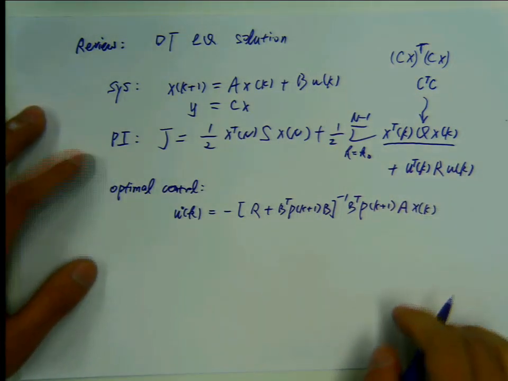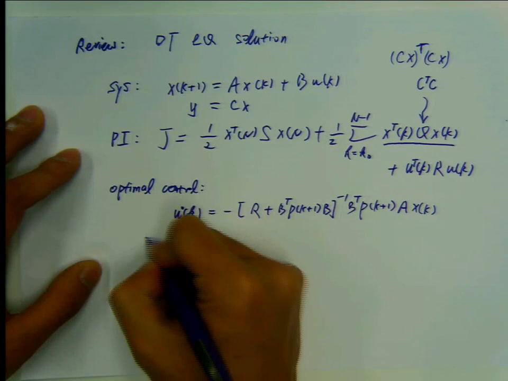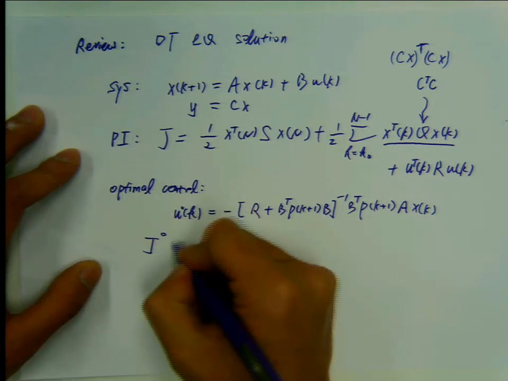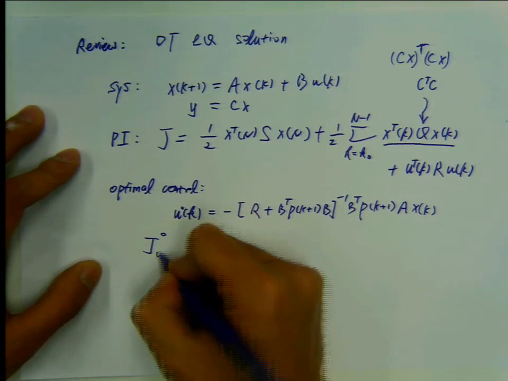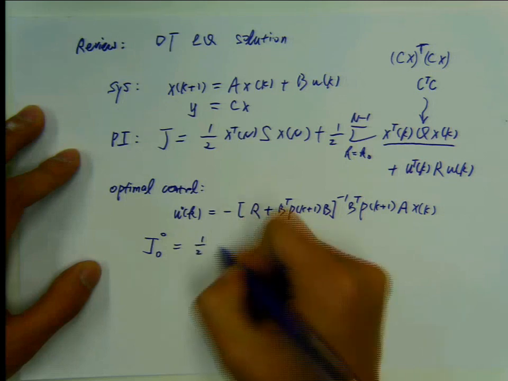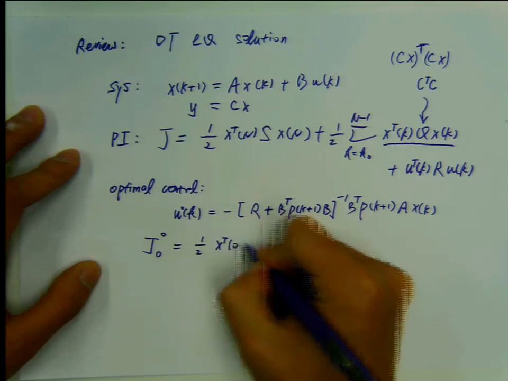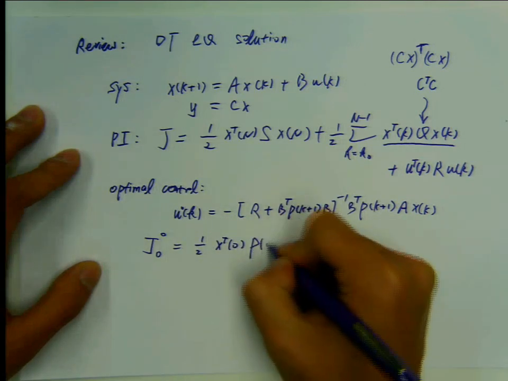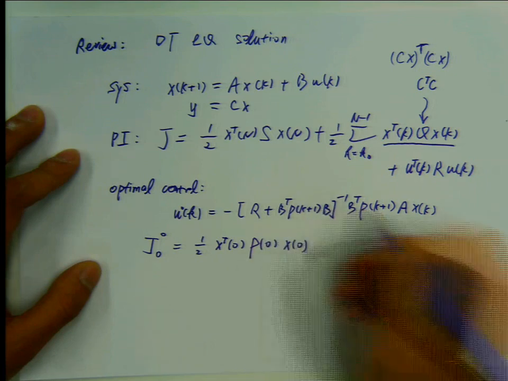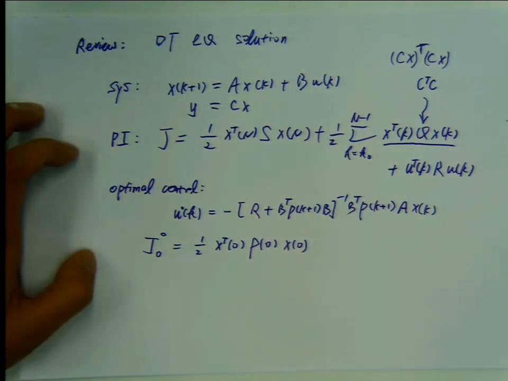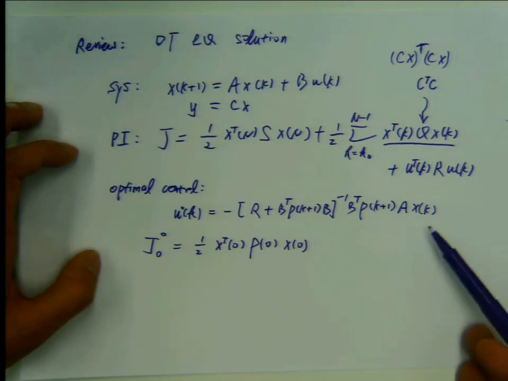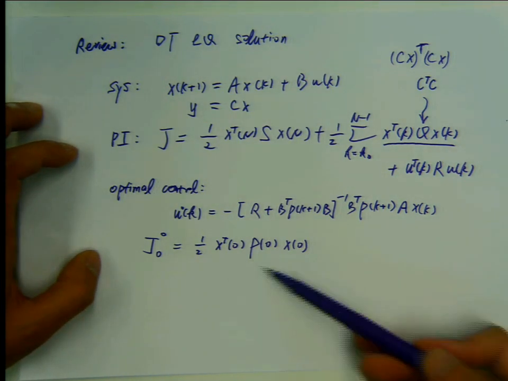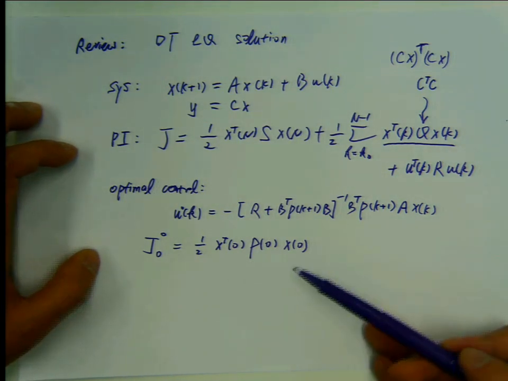And the optimal cost, J optimal at time 0, is going to be a quadratic function of the initial state: X0 transpose times P0 times X0. So the optimal cost is a quadratic function of the initial state.